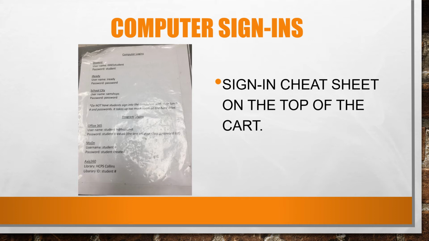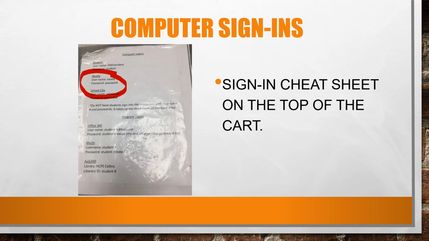Also on top of the cart, teachers, there's a list of computer sign-ins. Depending on what the students are doing on the computer, there are different sign-ins. So for instance, when you're iReady testing, you are going to log the computer in with iReady and the password. That's going to take you right to the testing kiosk.